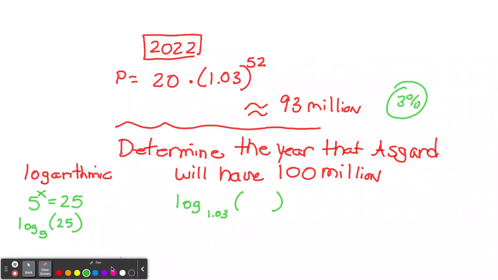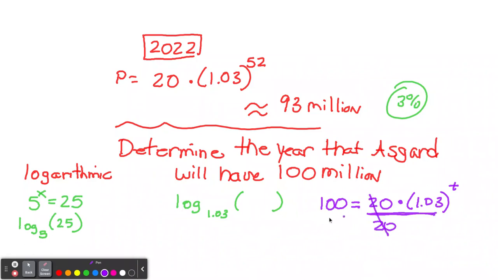So let's change the color. We'll use purple. What I'm saying here is we want to know when it will be 100 million. That's the population. Our initial was 20 times 1.03 to the t. Now we need to get the 20 out of there, so we need to do some algebra here.